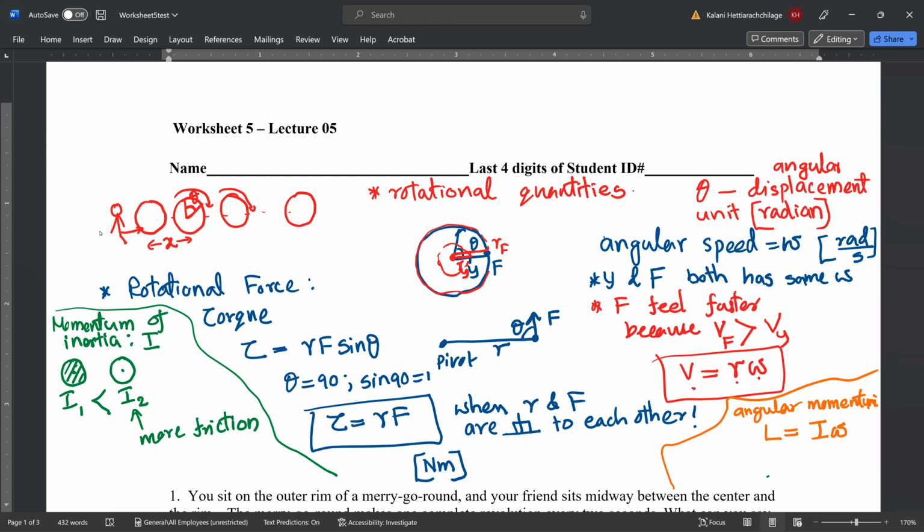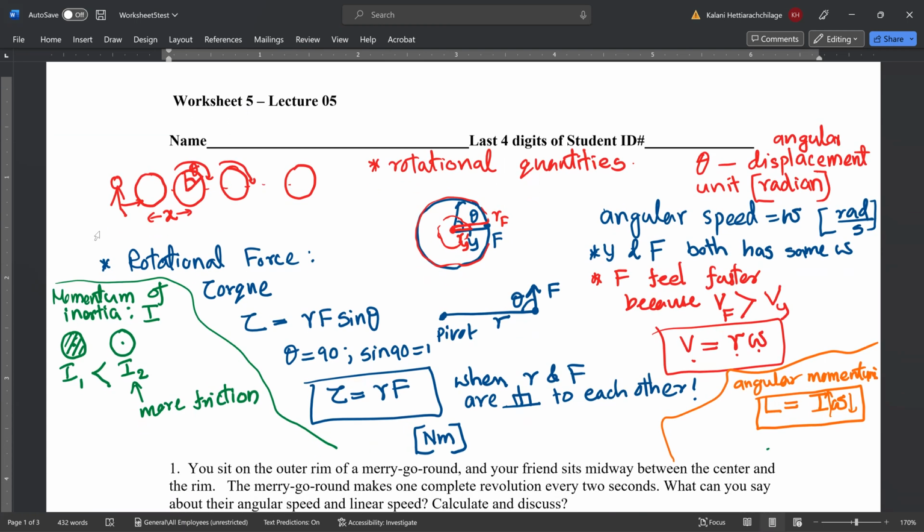So it's very important. This is also a conserved quantity. That means usually in the system, when you write the conservation of that, when I is greater, omega is smaller, and when omega is greater, I is smaller. That's what this formula shows you, right? These two are exchanging, one is larger, the other one is smaller. I think I covered most of the material that I talked about in lecture 5. Actually, it's a summary of lecture 5 for you.